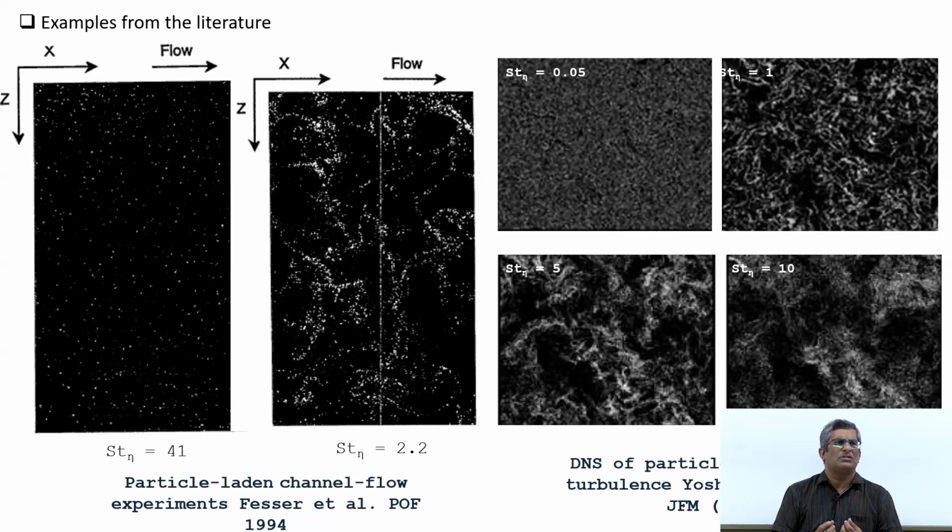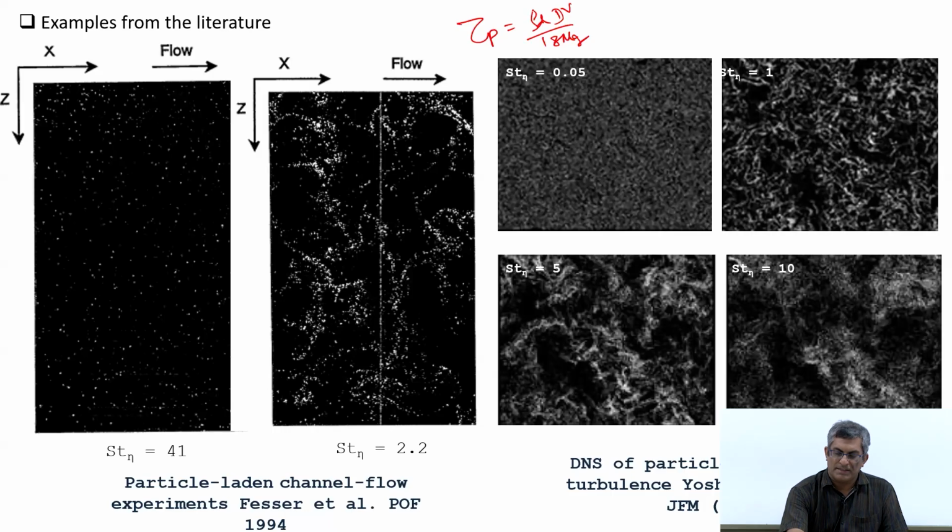Which particles do they use? Different solid particles, for example glass or other particles, so that they can realize different density and size. Why? Because the particle relaxation time has these terms.